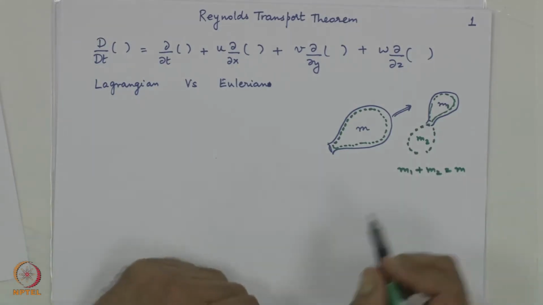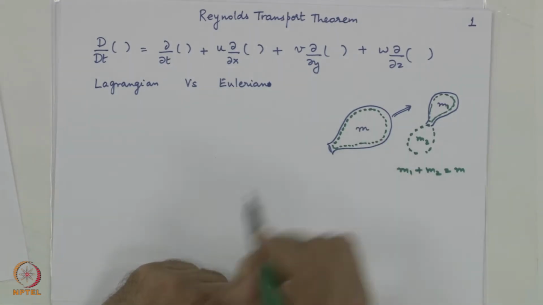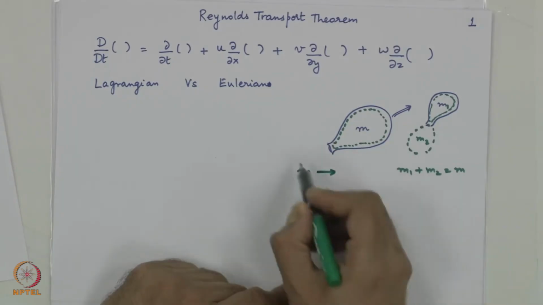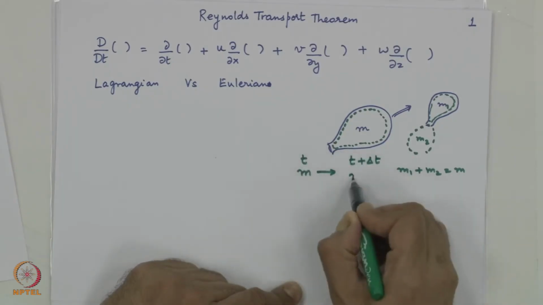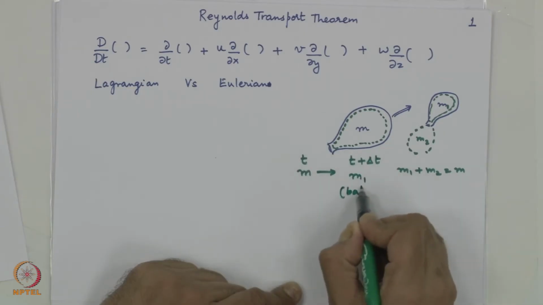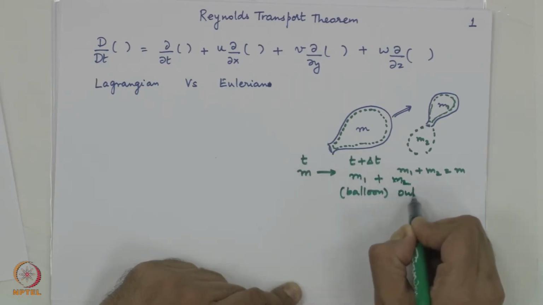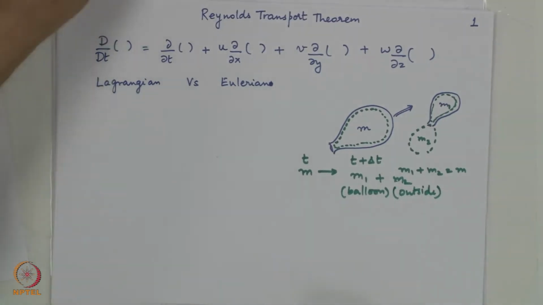So, if I have to analyze what was inside this balloon, which was M at time t, now after I have released it, at time t plus delta t, it is M1 inside the balloon plus M2 which is outside. This is a very simple example, but hopefully it will illustrate the concept.